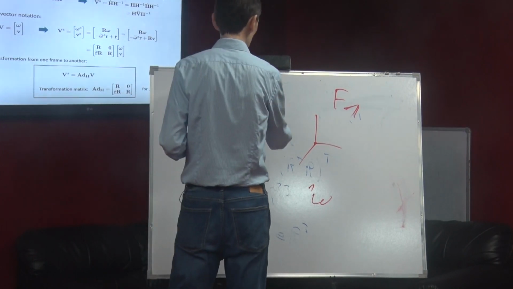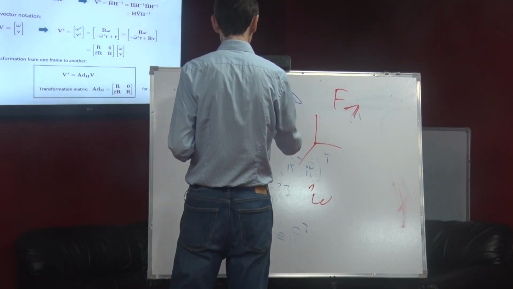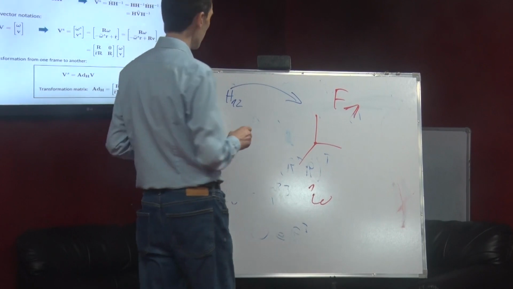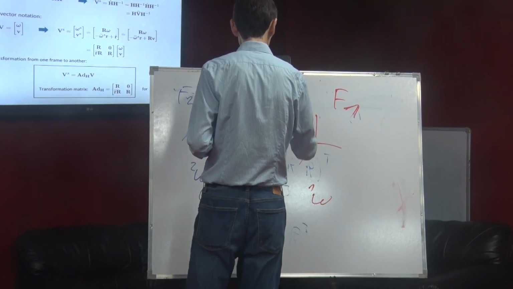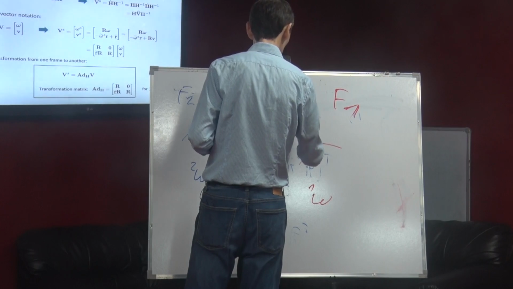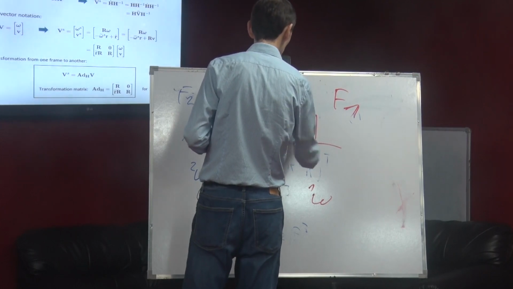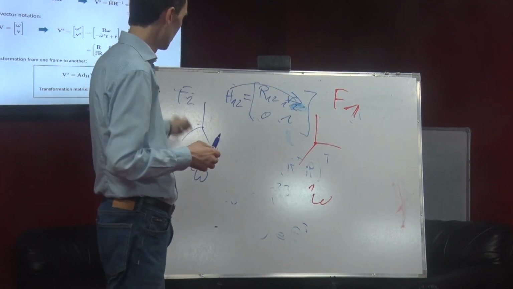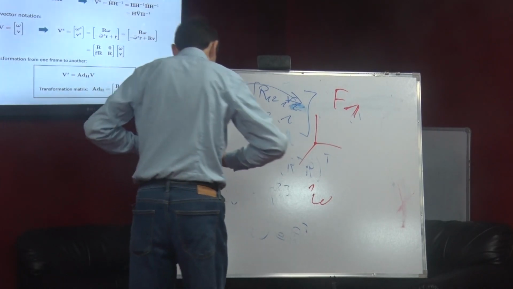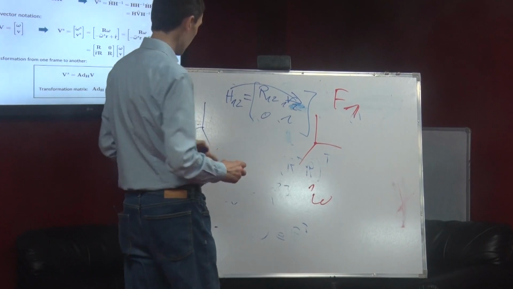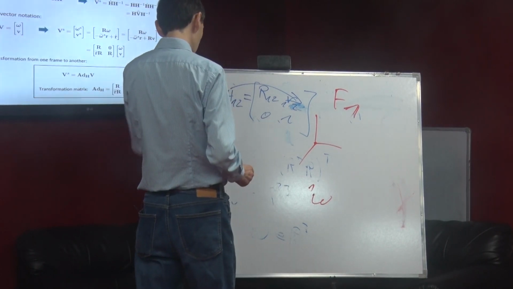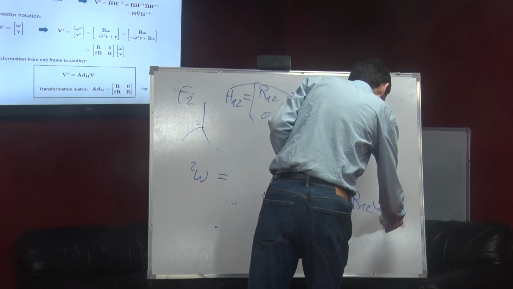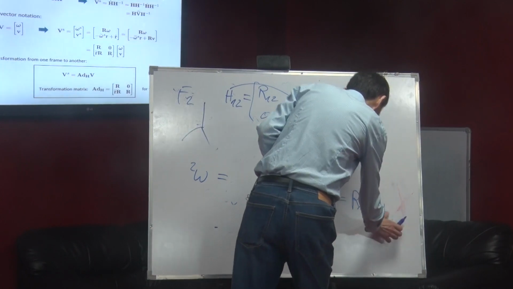What we know is that we go from there to there with H1,2, which is of course the rotation matrix R1,2 and the translation, 0, 1. This is our homogeneous matrix. Then we get this by R1,2 omega 2.